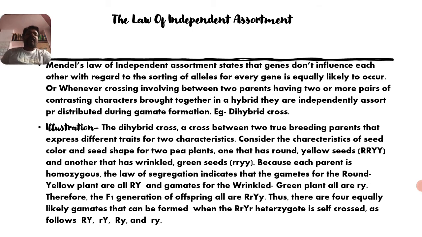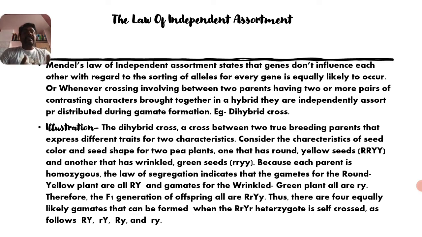The dihybrid cross is a cross between two true breeding parents that express different traits of 2 characteristics. Each plant has 2 pairs of contrasting characters. Consider the characteristics of seed color and seed shape. We know Mendel's 7 pairs of contrasting characters: height of the plant, position of the flower, color of the seed, shape of the seed, color of the pod, and shape of the pod.